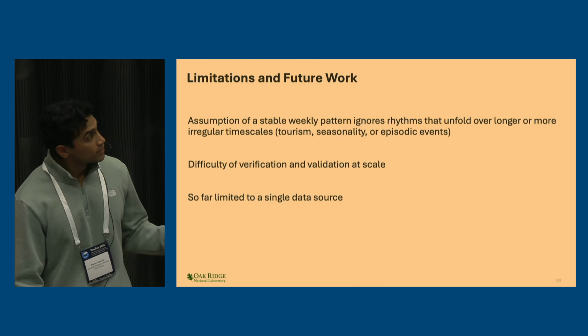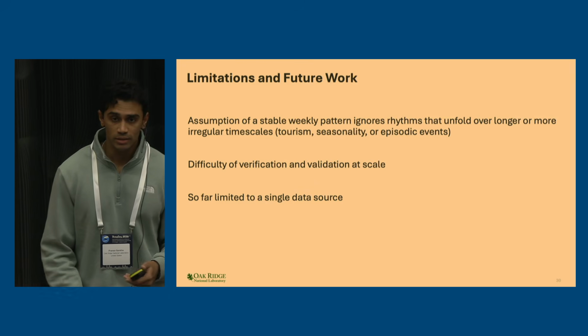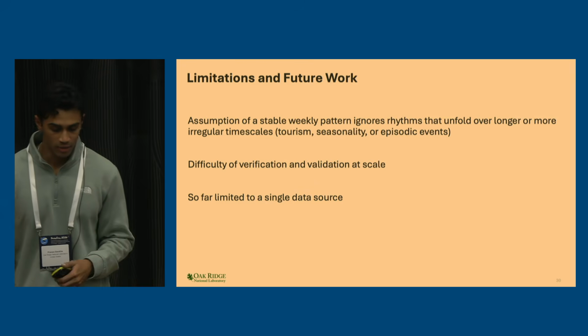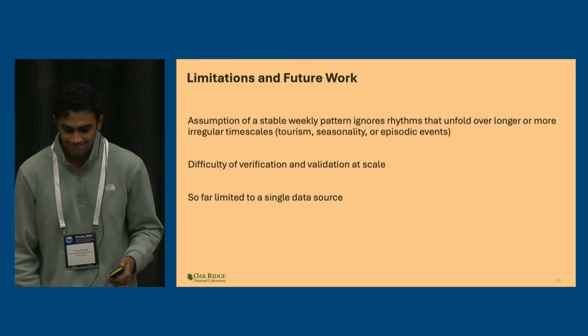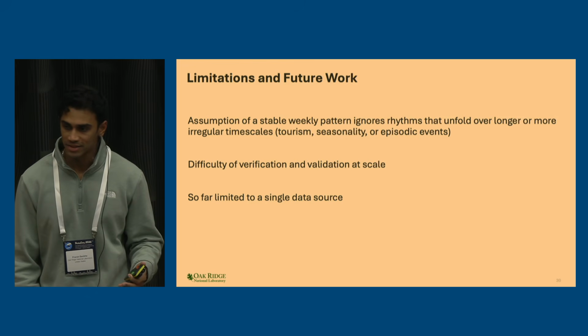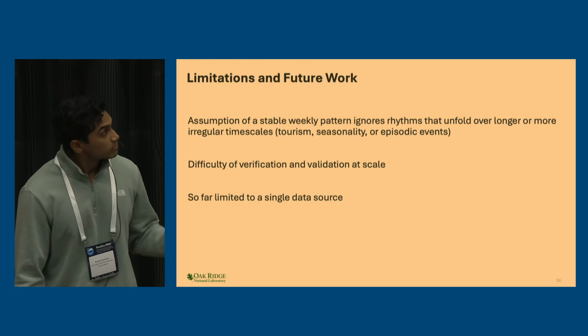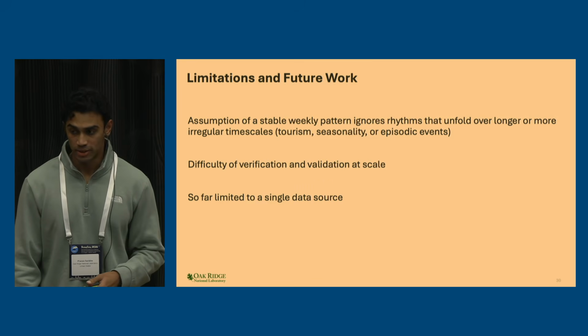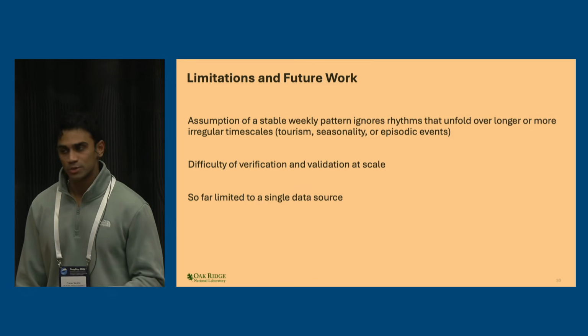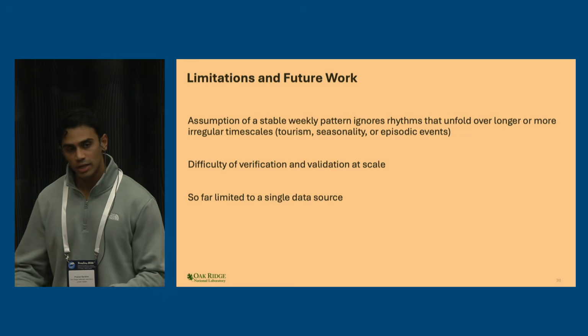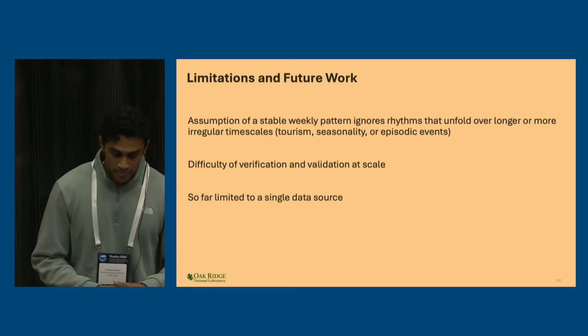Second, verification and validation at global scale is genuinely hard. Ground truth for occupancy data at this resolution basically does not exist. We're attempting to create this. And finally, we're relying on Google Popular Times as a single data source, which has its own coverage bias, and hence the predictions that we get can be rough on the edges.